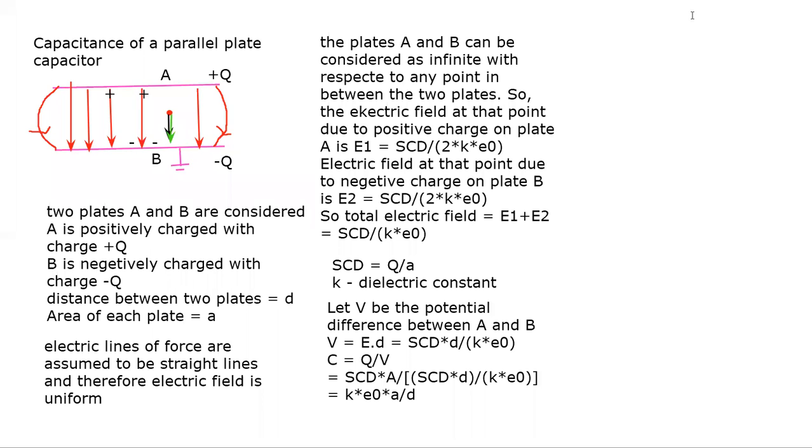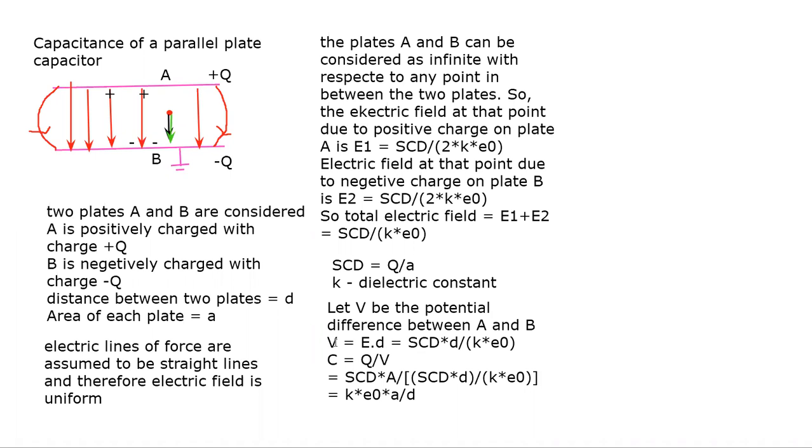Now, if we assume that the potential difference between plates A and B is V, then what is the meaning of V? Potential difference is the amount of work done in bringing a unit positive charge from plate B to plate A. Now, what is the expression for work done? It is the force acting on the unit charge in that electric field into the distance.